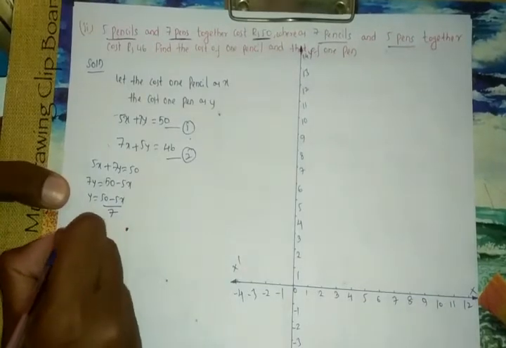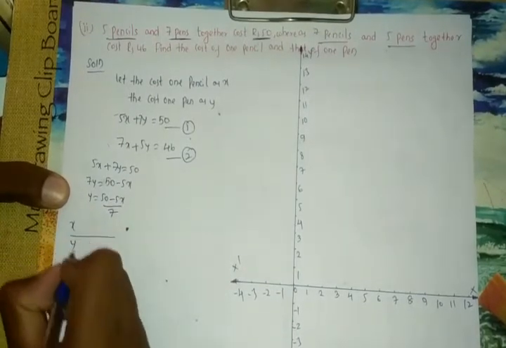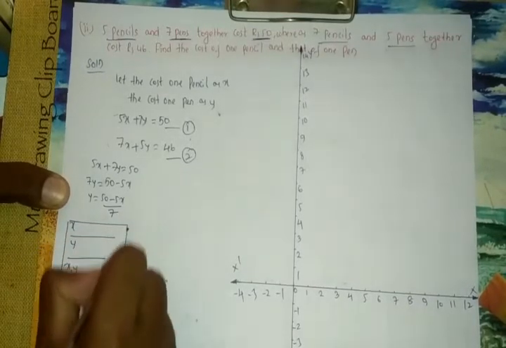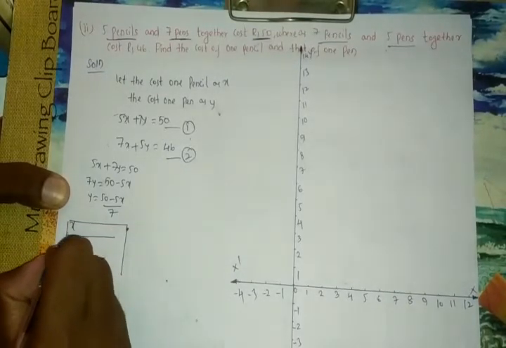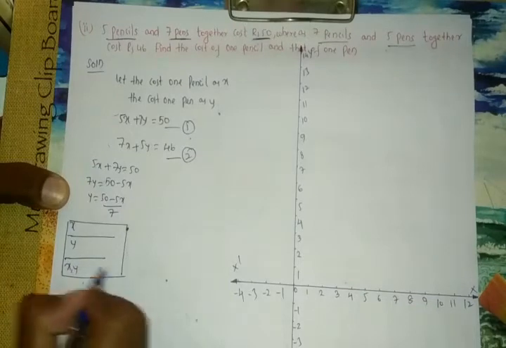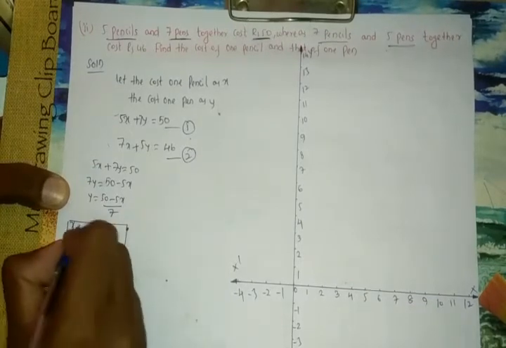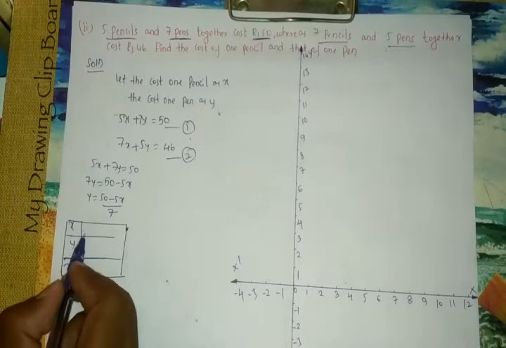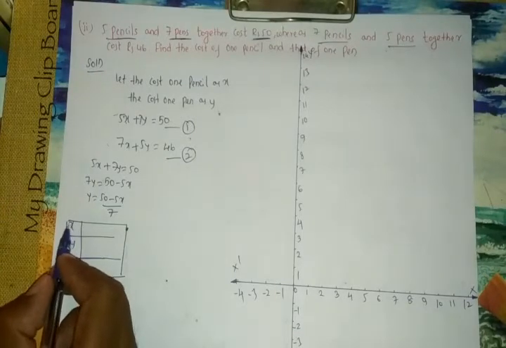I will draw a table which contains x, y, and x comma y. I can take randomly any value of x and find the corresponding y, or take any value of y and find the corresponding x.